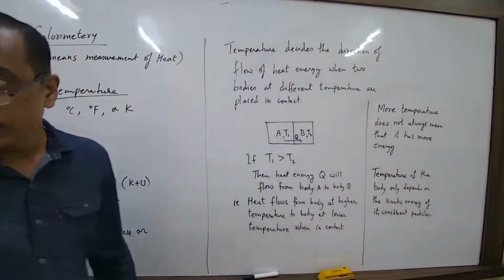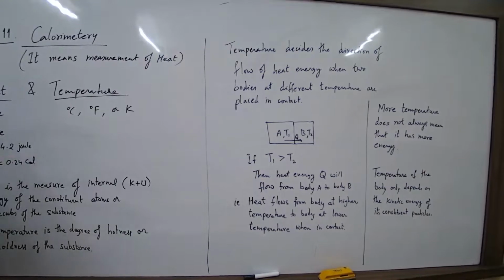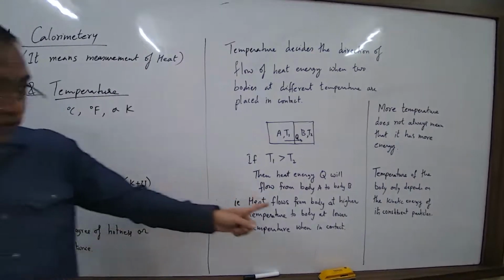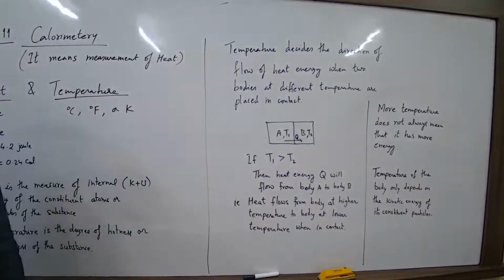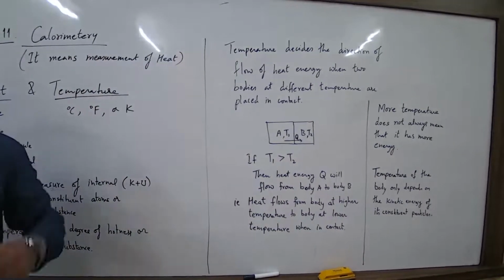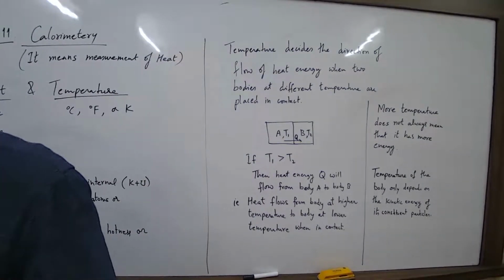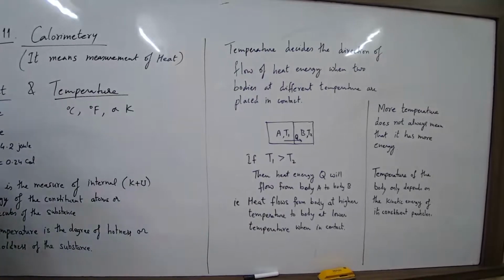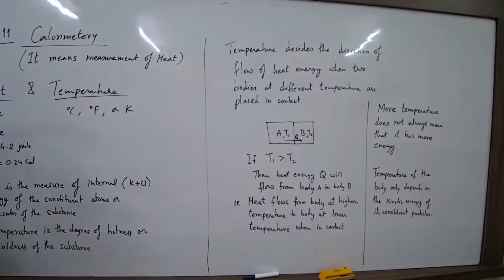Hope you are understanding it. Heat energy is a measure of internal energy, which has kinetic as well as potential, whereas temperature only depends on the kinetic energy of its constituent particles. I think this was the introduction to calorimetry. Temperature is measured by thermometer. Heat is measured by calorimetry. That we'll learn. It is a little indirect.